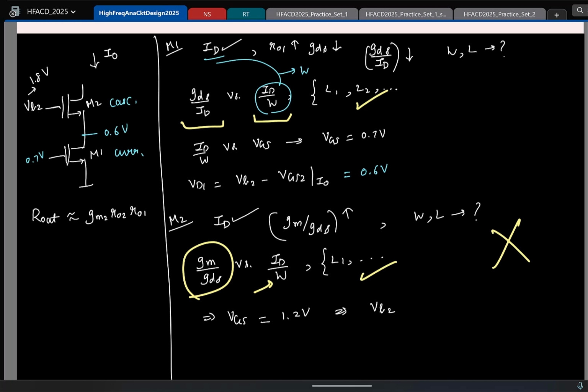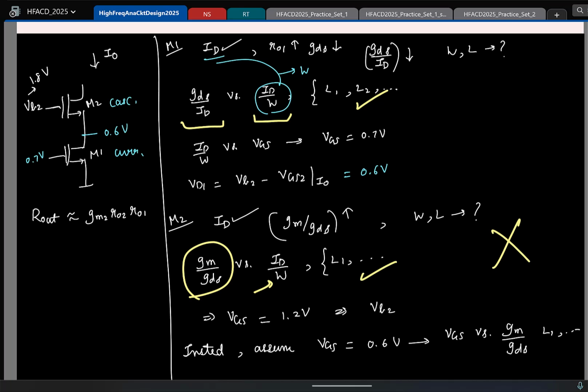So now you have to go and refine. One thing you can do is, now I know that the problem is with VGS. So I can start with assuming a VGS for the transistor. So instead of doing this, I can assume VGS. Let us say VGS I assume to be 0.6 volts. Then I can go and plot VGS versus GM by GDS for different lengths.